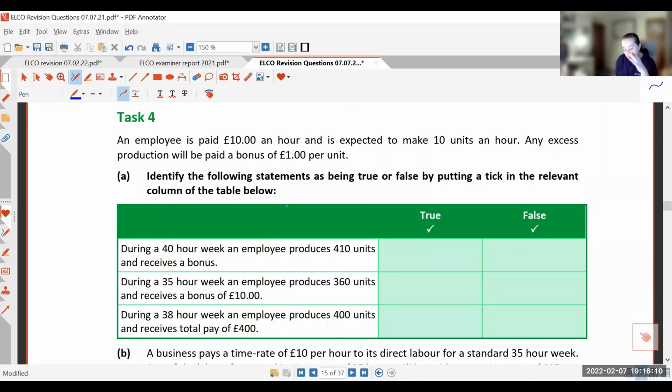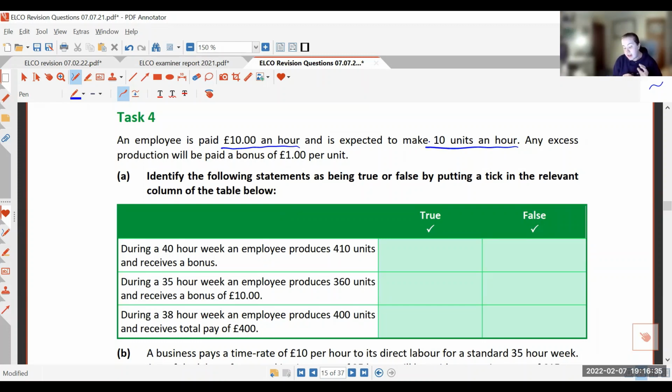As a nice run-in, we've got some true or false questions to start off with. We're given quite a bit of information. We've got one employee to worry about. They are paid £10 an hour, and that's our time rate. Excellent, they get £10 an hour for whatever they do, although they are expected to make 10 units an hour.